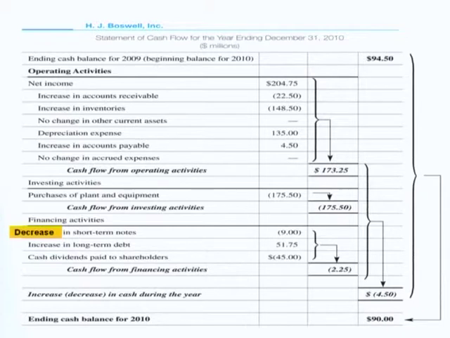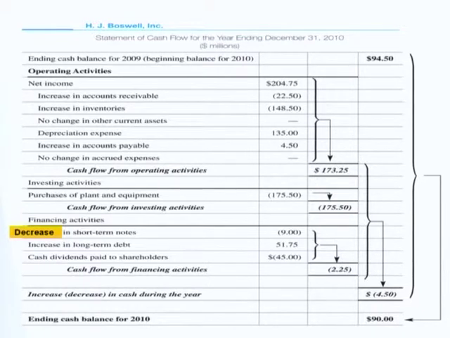Sum it up, you get cash flow from operating activity of 173.25. Second activity, investing activity. You purchase plant and equipment. This is the only investing activity. Cash out means use of cash. And financing activity, you see decrease in short-term notes, increase in long-term debt, and cash dividend paid to shareholders.